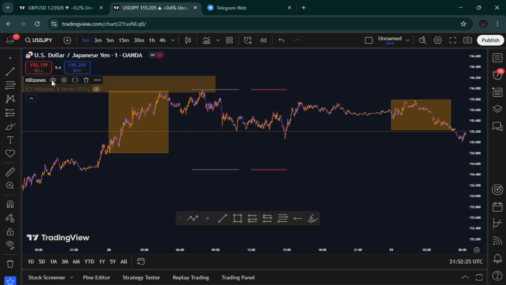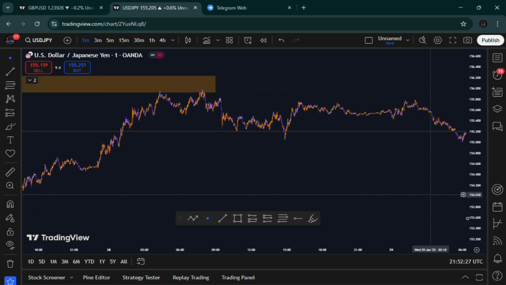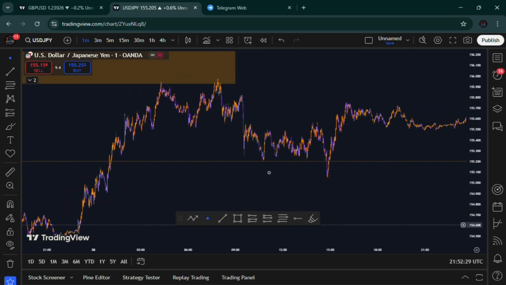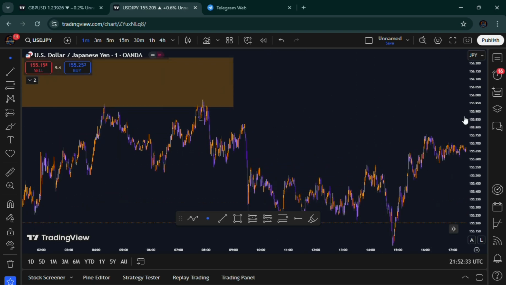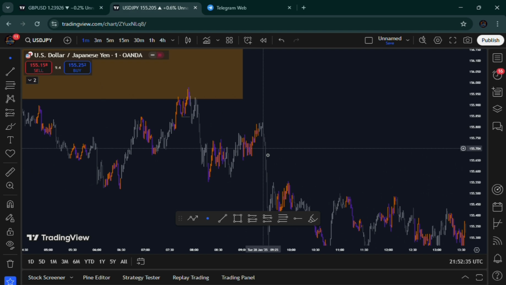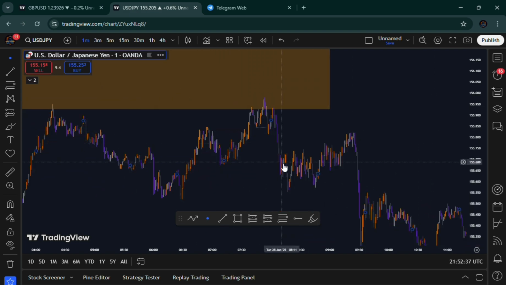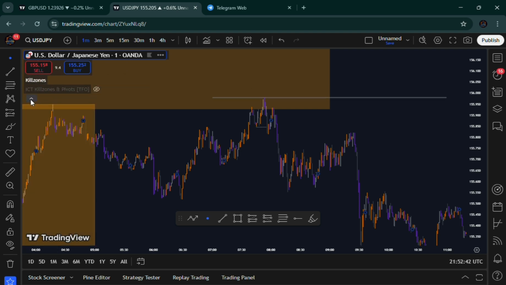Looking at this, fam, the Asia high was swept nicely, right? So the Asia high was swept, and we are now looking for the area where we need to get involved. Let me turn back on the indicator. We had this break of structure, change of character, break of structure.